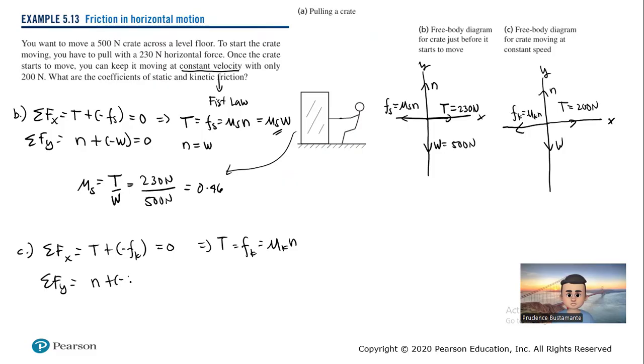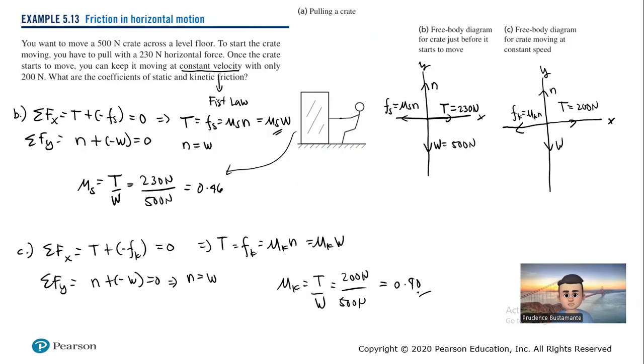The normal force is equal to the weight. Therefore, this is equal to mu sub K times the weight. So therefore, mu sub K is equal to the tension over the weight. In this case, you only have 200 Newton over 500 Newton. So 0.40.